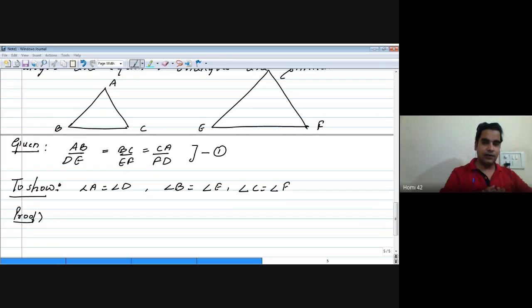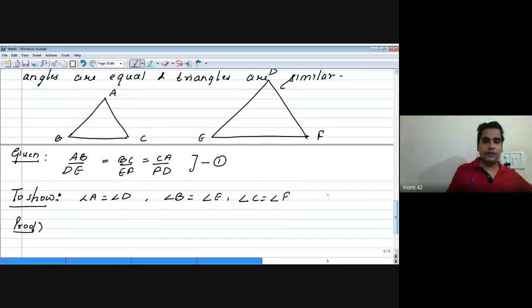Any hint how we can do it? Yes, we have to do construction. Look, the construction that we did in the last theorem, we need to do the same construction here.